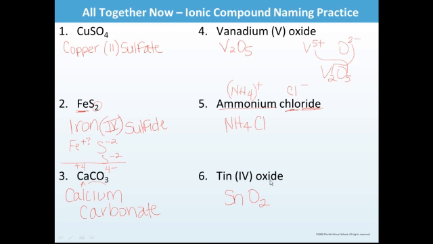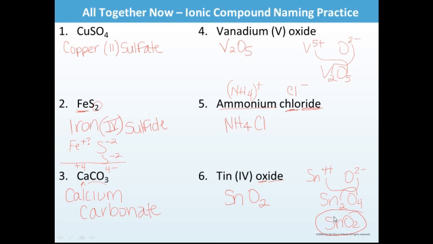Number 6, tin, 4, so tin has a charge of 4 plus. IDE, so that means the oxygen from the periodic table has a 2 minus. So when we crisscross and reduce, we get 4 there, 2 there, 2 to 4, we can simplify to SnO2.